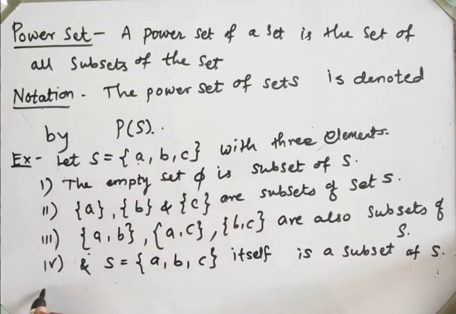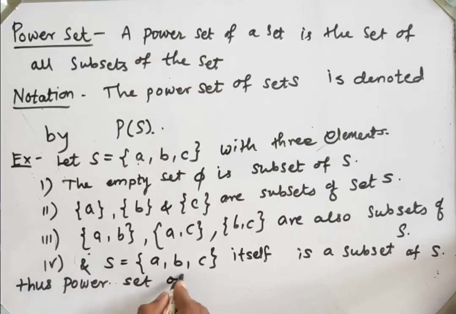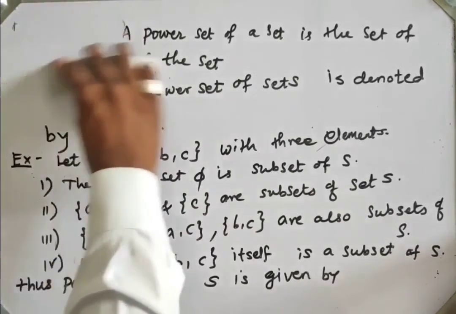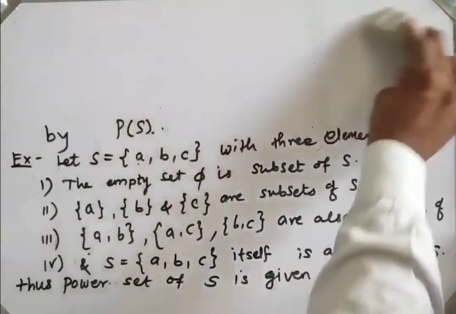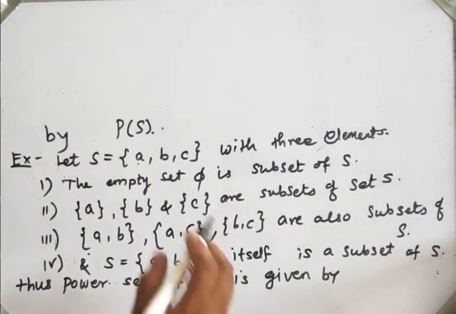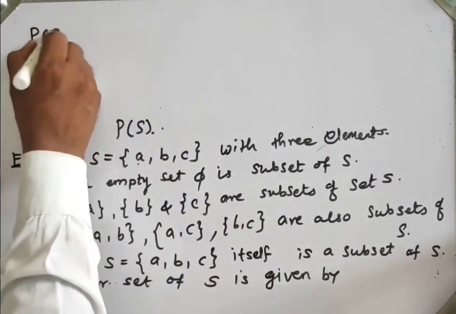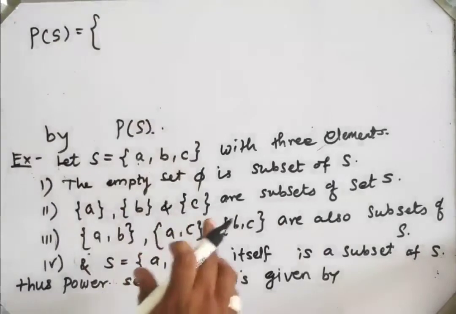Then we denote by a letter. Thus, the power set of S is given by the collection of all subsets. So we denote this by P of S. So what are the subsets?